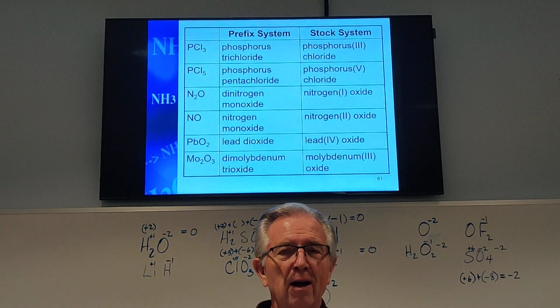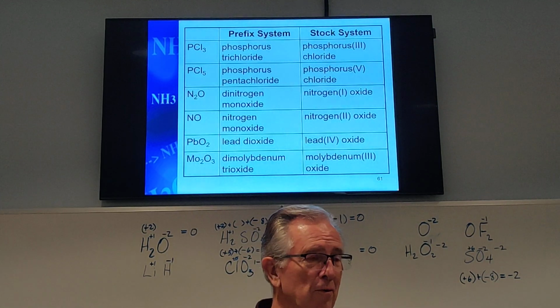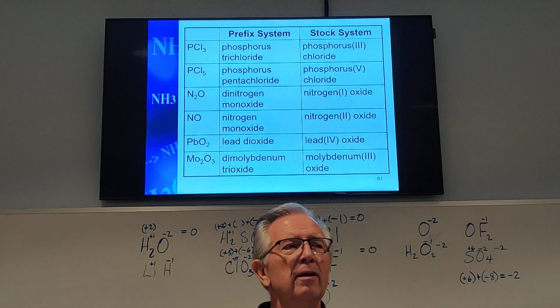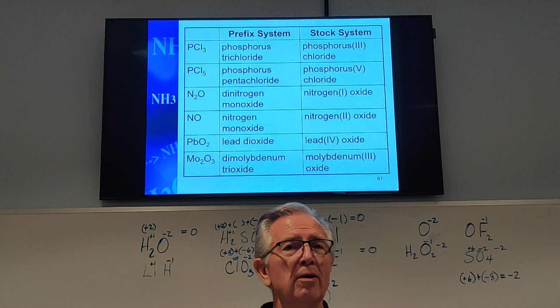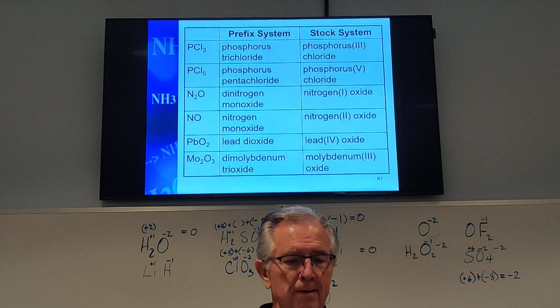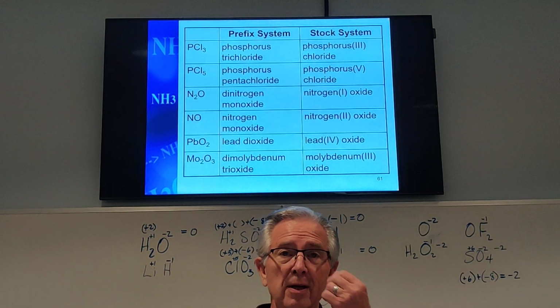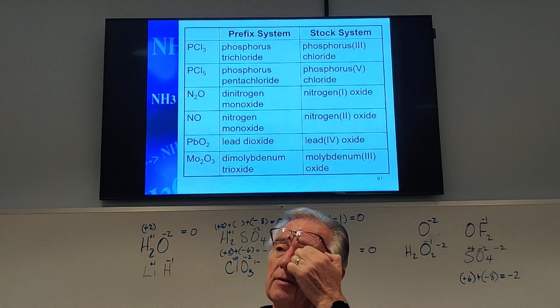I have to figure out what the oxidation number is for phosphorus in the first one. Okay, chlorine, from your common ion chart, has what charge? What's chloride? -1, okay? And I have 3 of them, so that would be -3. That means phosphorus is going to have to be a +3.